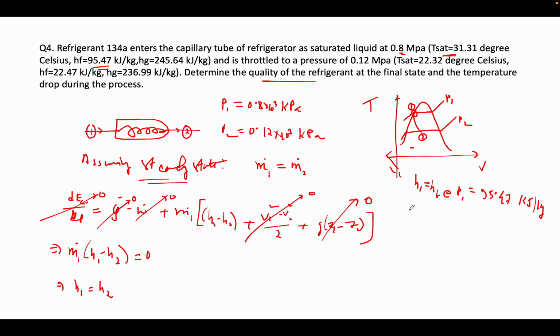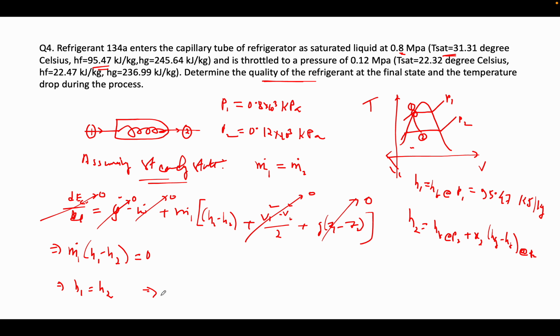Then what is h2? h2 will be hf at P2 plus x2 times (hg minus hf), and this both at P2. Now what do we know? We know hf at P2, we know hg at P2, we don't know x2, but we can calculate it by using h1 equals h2.